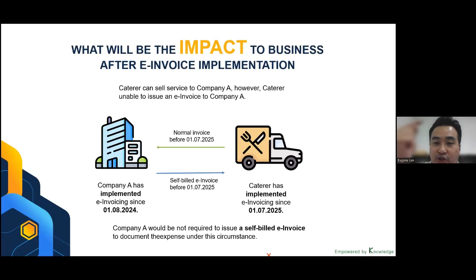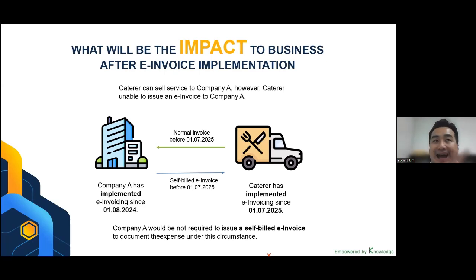Are you going to issue e-invoices to them before 1st of July? Not really. You are still allowed to issue a normal invoice. But SHOM is not required to issue a self-billed e-invoice. No longer required. This amendment was in last February 2024.